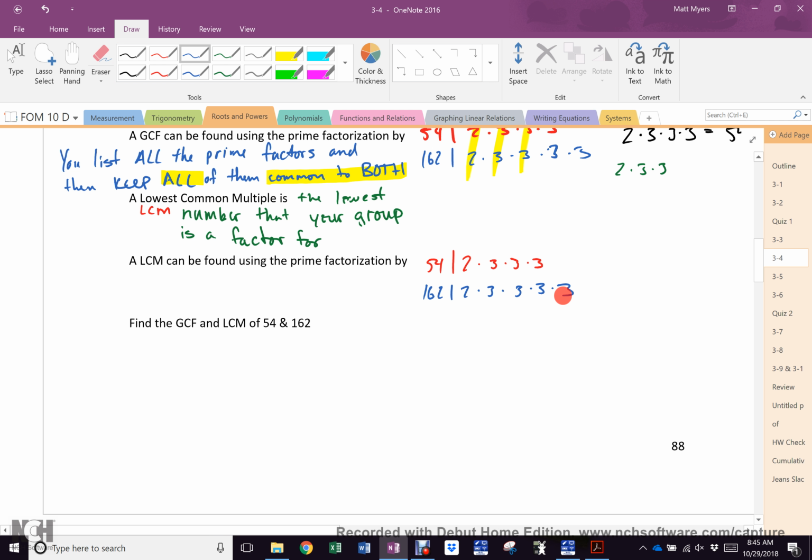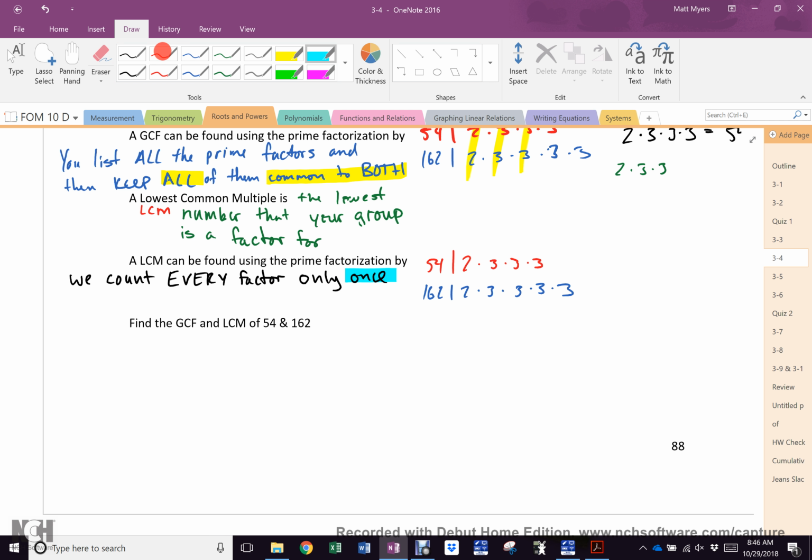Right? Now in factors, we only sought what was common. In LCM, we count every factor only once.